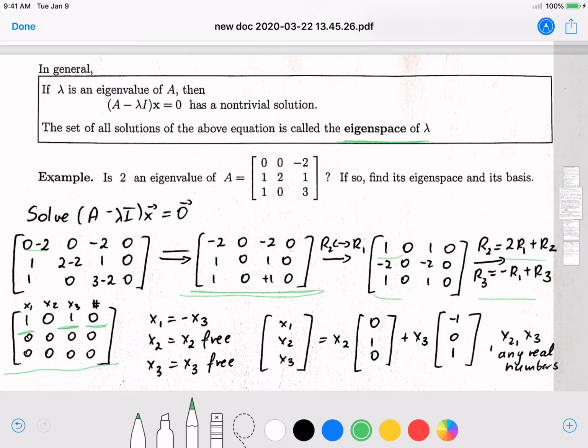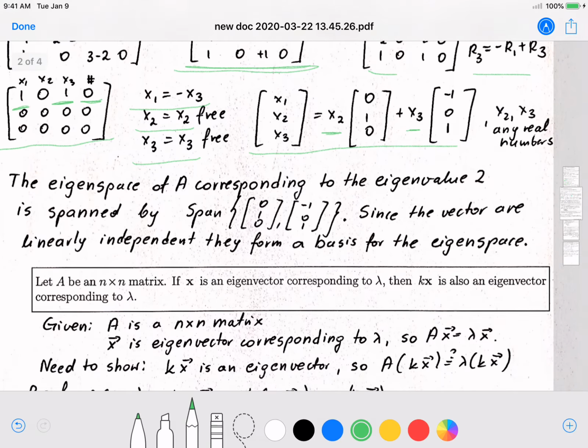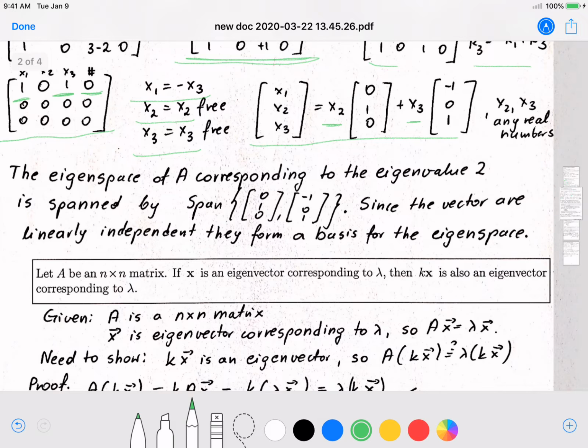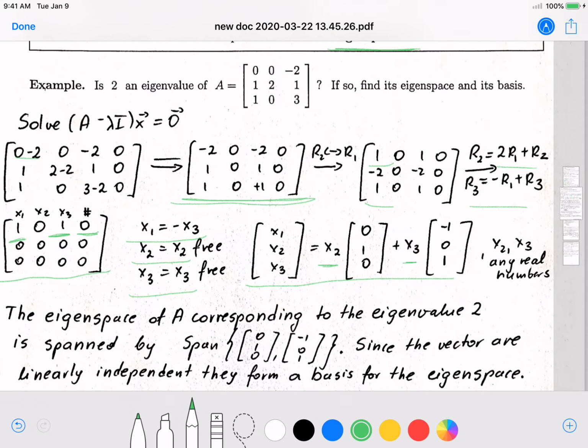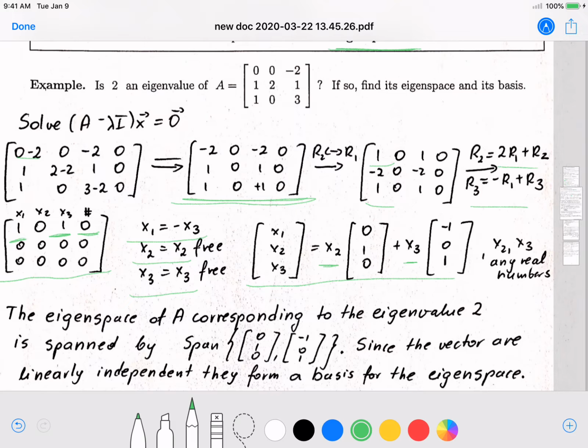And in that case, if I move x3 to the other side, I'm getting x1 is equal to minus x3. Then x2 is a free variable and x3 is a free variable. So then we write the solution to the homogeneous equation, factoring x2 and x3 because they can be any real numbers. And in that case, my eigenvectors are nothing else but 0, 1, 1 and minus 1, 0, 1.